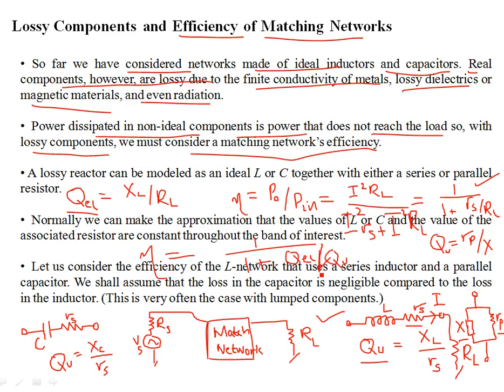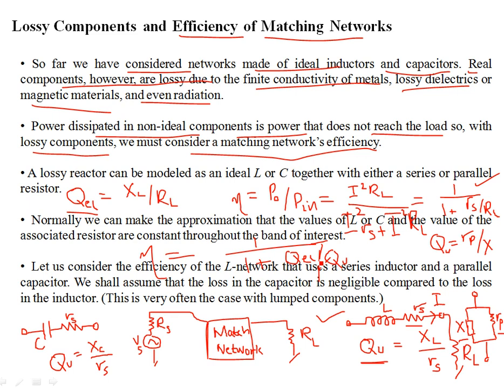So you can see one way to increase the efficiency is to increase the unloaded or component quality factor. If you have a lossless inductor, the quality factor is infinity, then the efficiency approaches 100%. You have a large efficiency, and you have a very narrow band Q in that case.